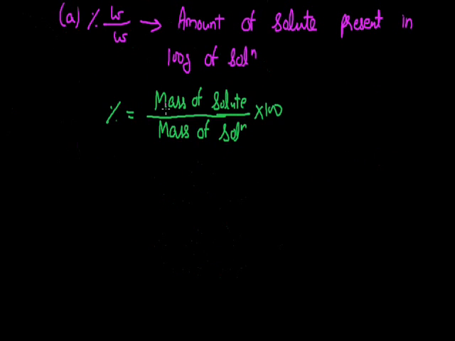Now if we talk about percentage mass by volume, that's the next kind of percentage representation, and it's equal to the amount of solute that is present in 100 ml of solution.